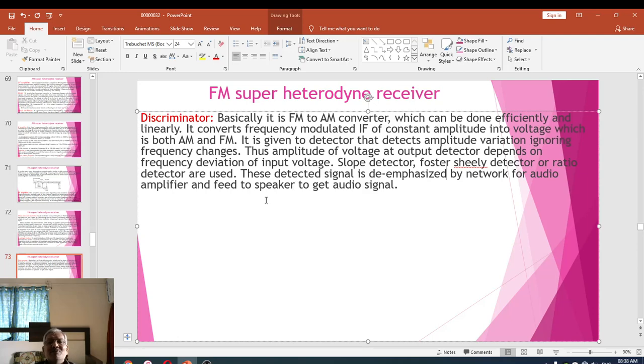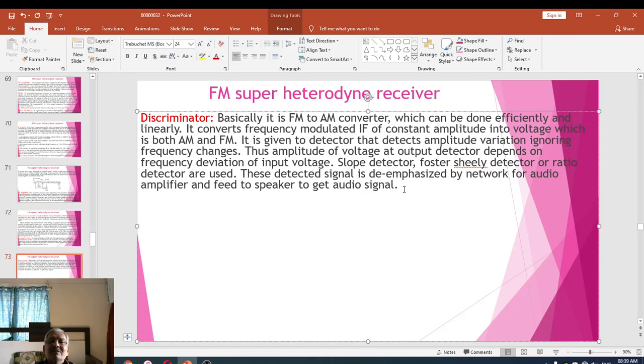Speaker converts the audio frequency signal into its equivalent acoustic sound signal at the output.